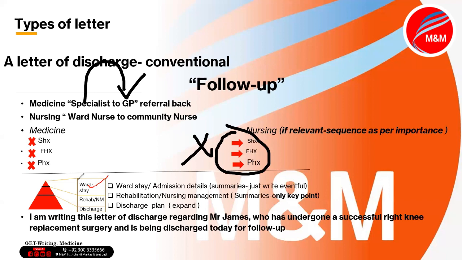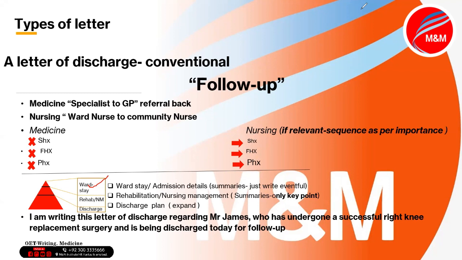So normally we have a ward stay or the admission details, right? In a letter of discharge, we have the rehabilitation or the nursing management. We have the discharge plan, right? So basically, even as per your question, Dr. Suhail, they just write a letter of referral regarding Mr. XYZ, to Dr. Blah and blah for further management.